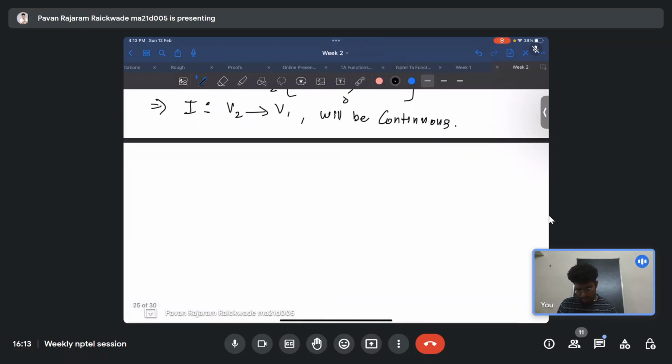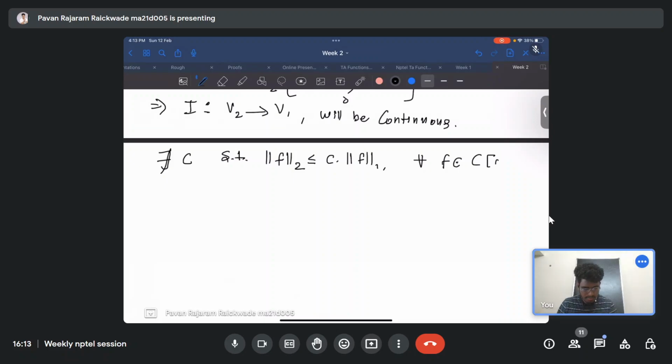As you said, if I want to show that it is not continuous, what I'll show is there does not exist any C such that 2 norm of f is less equal C times f 1 norm for all f belongs to C[0,1]. If I show this, I'm done.